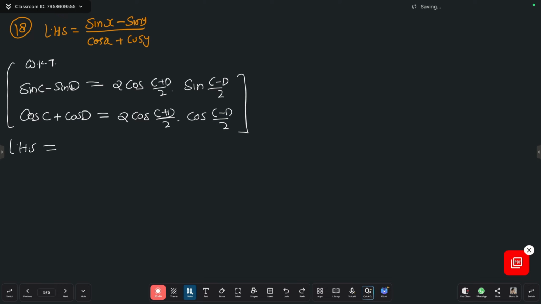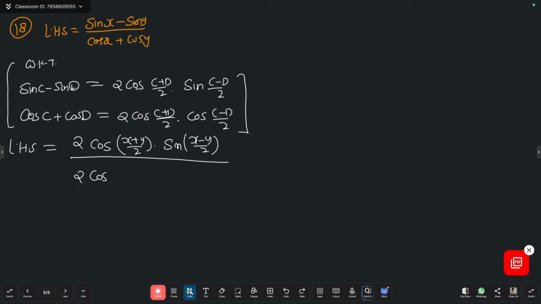So sin C minus sin D is 2 cos (C plus D), where C is x and D is y, so it will be x plus y by 2 into sin (x minus y) by 2, upon cos C plus cos D, which is 2 cos (x plus y) by 2 into cos (x minus y) by 2. It is already simplified.